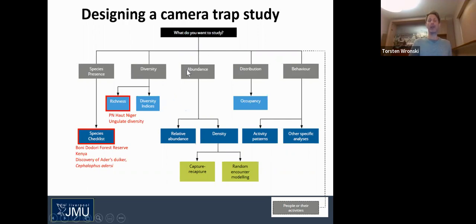We can establish abundance, but only if we know individuals, and that can be achieved by a capture-recapture design. We can establish distributions expressed as occupancy. We can measure certain behaviors such as activity, and we can make statements regarding the people, poachers, crop raiding, or domestic livestock invading a protected area.